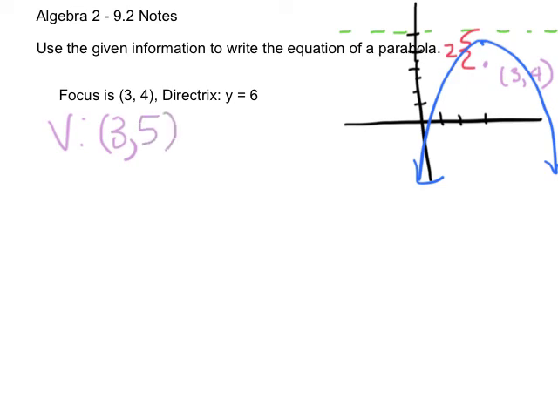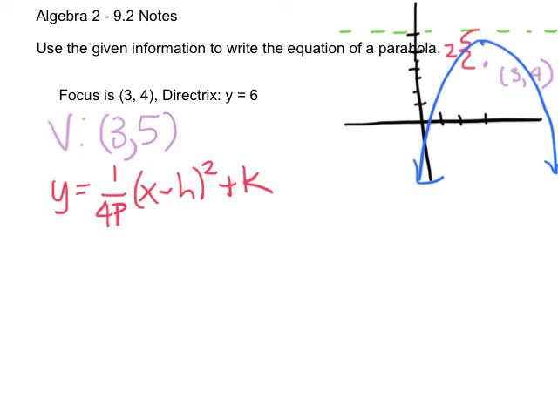Okay? Now, also what we need to look at is which way this parabola opens. It's opening down. And since this parabola opens down, we're going to follow the old equation that looks like this. 1 over 4p times x minus h squared plus k. This is the formula that we're going to use. Well, we can fill in h and k right now.